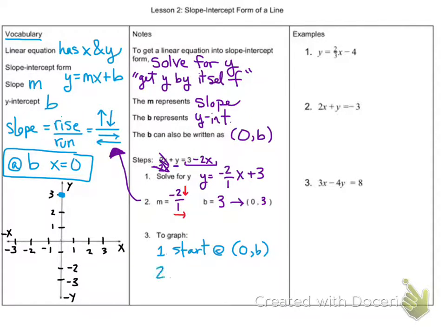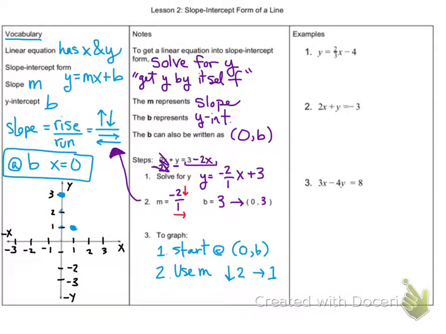And then number 2 is to use m. And our m says to go down 2 and over 1. So from my b point, from 0, 3, I'm going down 2 spaces, 1, 2, and then over 1 space right here.